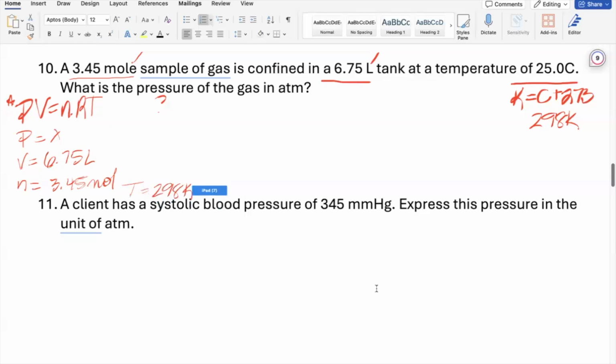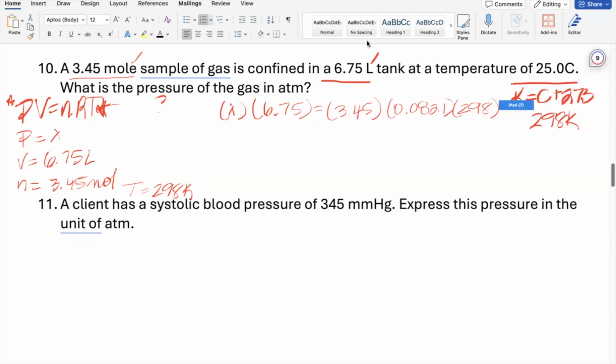So now I can plug that into this equation that I wrote beforehand. P is my X, V is 6.75, equals N, my moles, 3.45 times R, which you get from the formula sheet, times 298, my temperature in Kelvin.